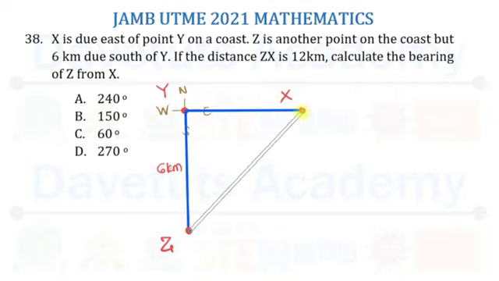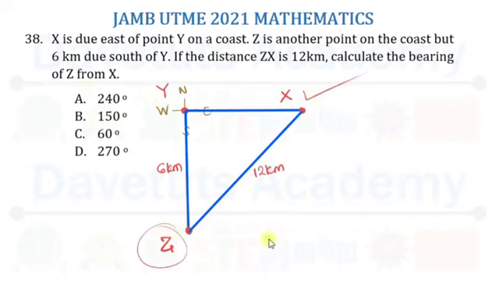So from here to here, we are given 12 kilometers. We have to calculate the bearing of Z from X, so we go to X to take that bearing.